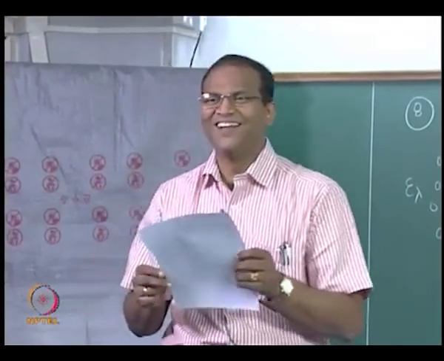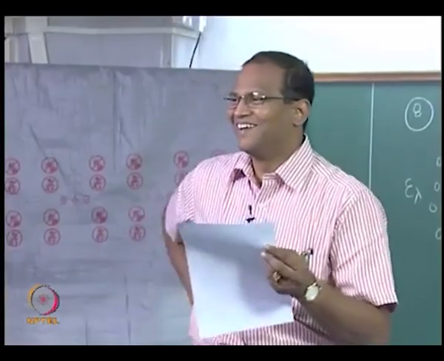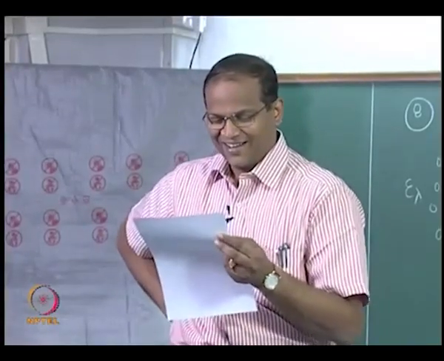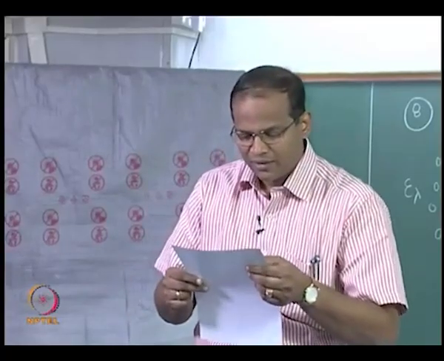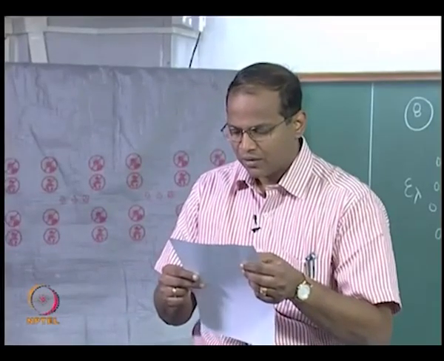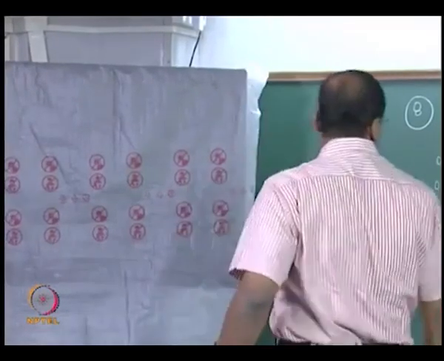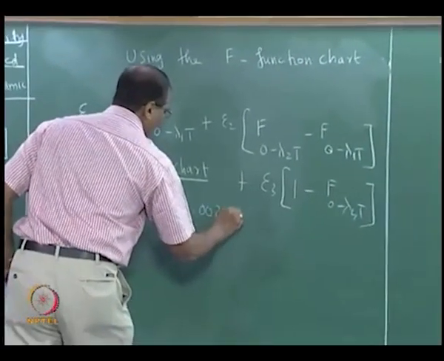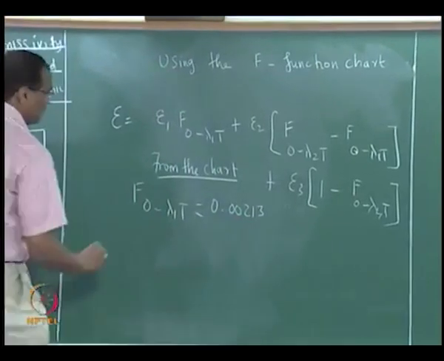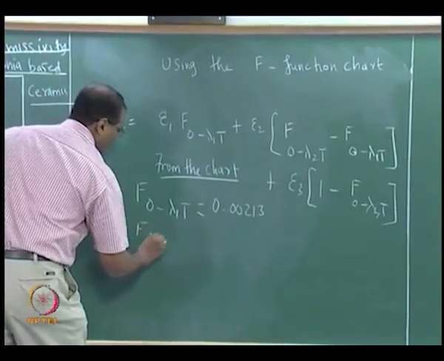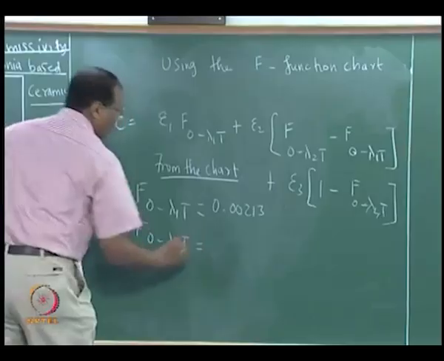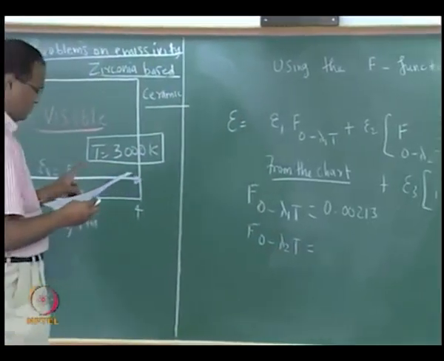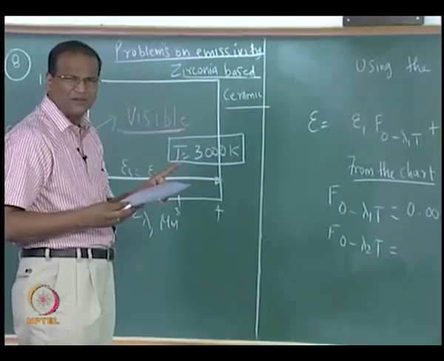No, no, from the chart, from the chart, for 1200, not 213. f of, that is for 0.7, 2100, correct.